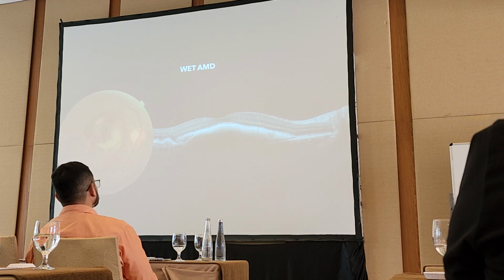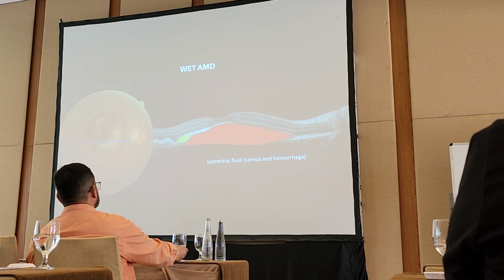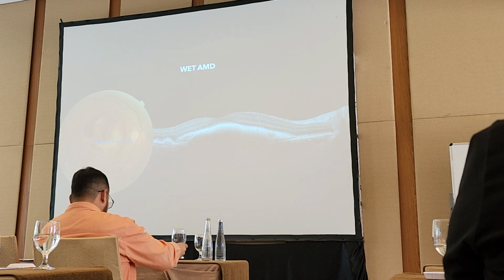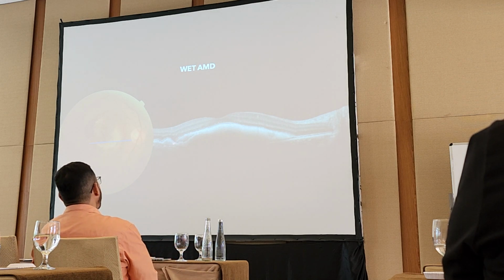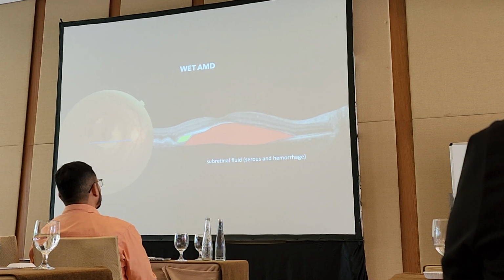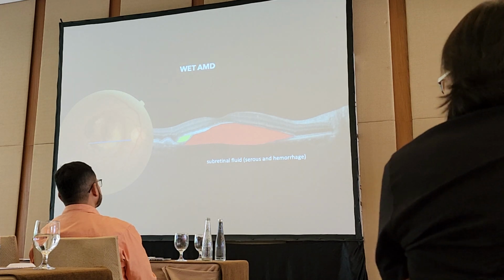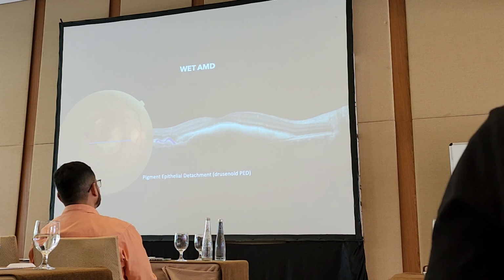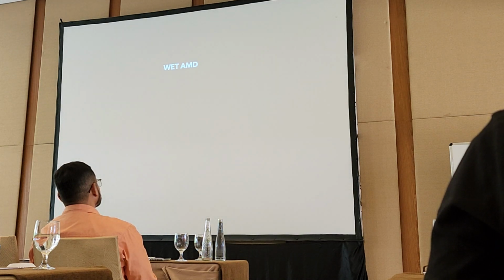And then we can see on the OCT, the subretinal fluid, there's a serous and hemorrhage. The hemorrhage actually looks like a hyperreflective subretinal material, while the serous part could be hyporeflective, or this one could be because the blood is so thick you cannot really see the RPE. Okay, we can see a small PED over there as well.